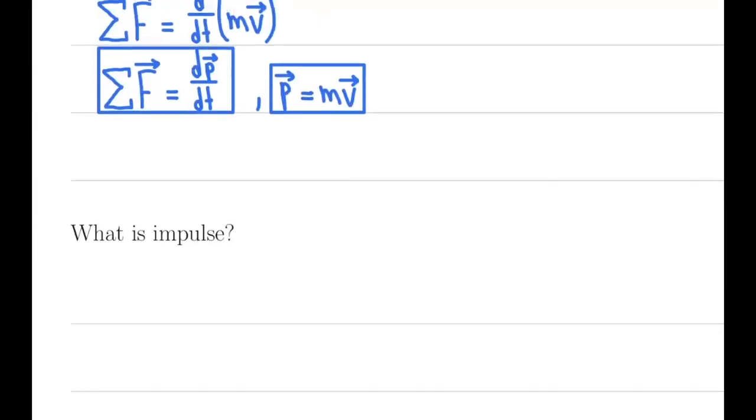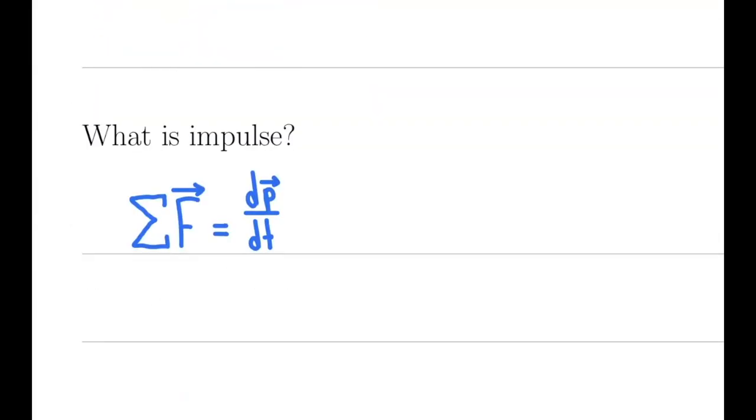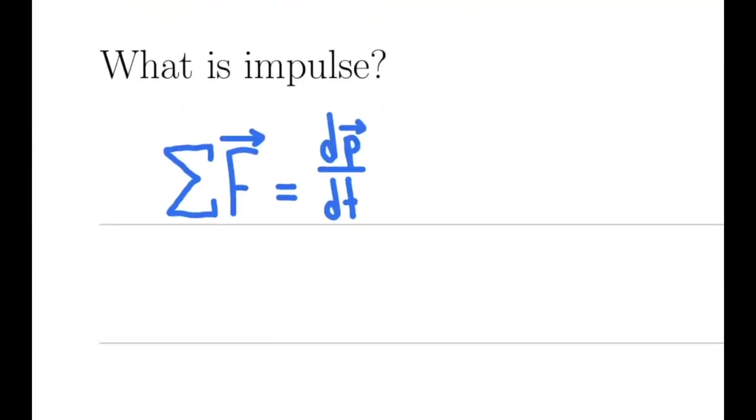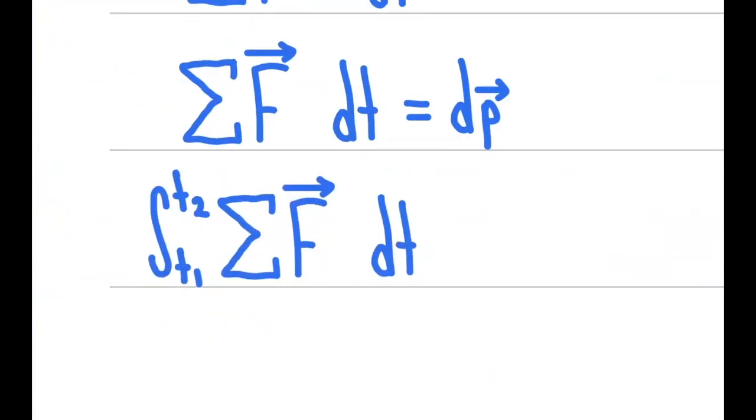Okay, next up is impulse. From earlier, I know that the net external force equals the derivative of momentum. I can do something very physicsy: I'm going to multiply both sides by dt and integrate the left-hand side from t1 to t2. So I'm going to get this.